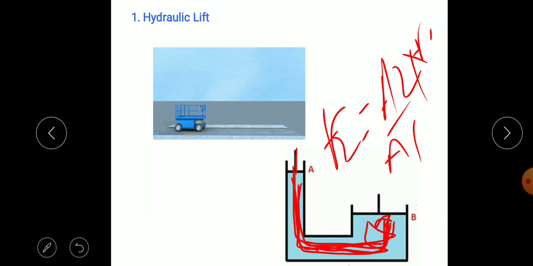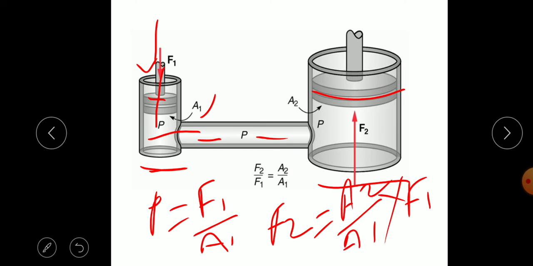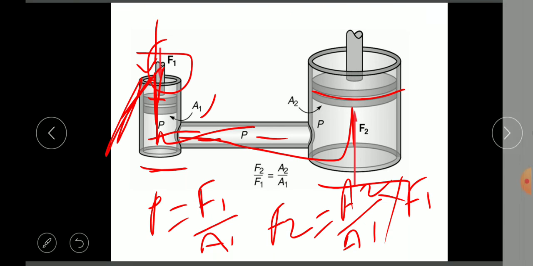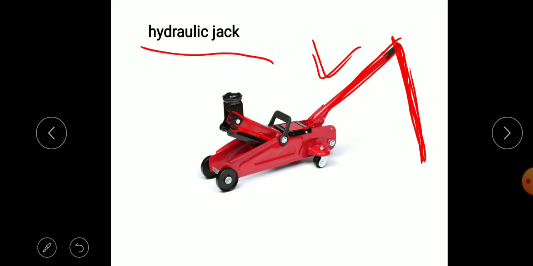The lever applies the force, and this smaller force is transmitted as pressure to the other cylinder. So F2 will be more than F1. This hydraulic jack is placed below the car where we have to lift it, so more force can be applied.